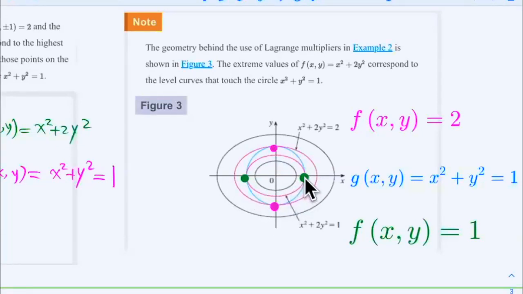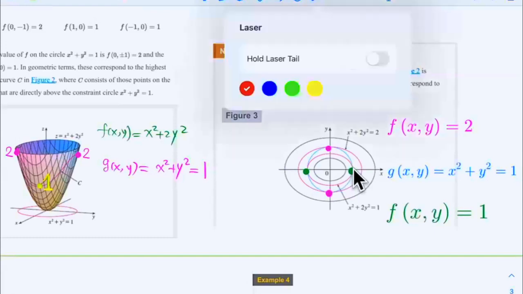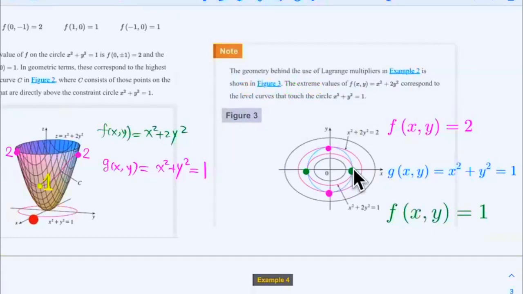At this point over here, what is the x coordinate? That will correspond to this one over here, right? So that will be (1, 0).